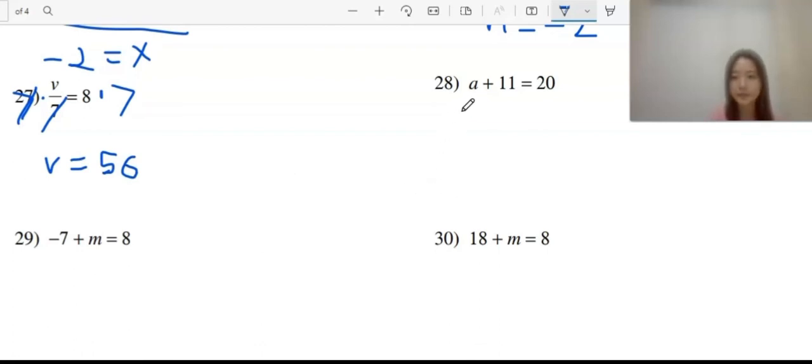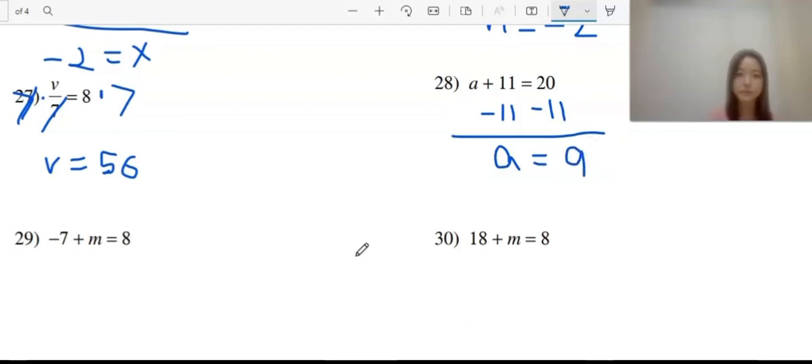And number 28. a plus 11 is 20. So 11 is added to a. We want to undo that, so we would subtract it back. So 20, we also do it on the right side. So a is equal to 20 minus 11, which is 9. Number 29.